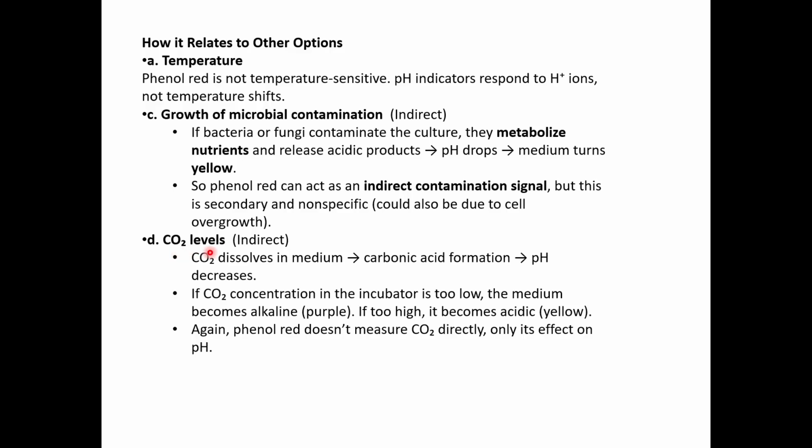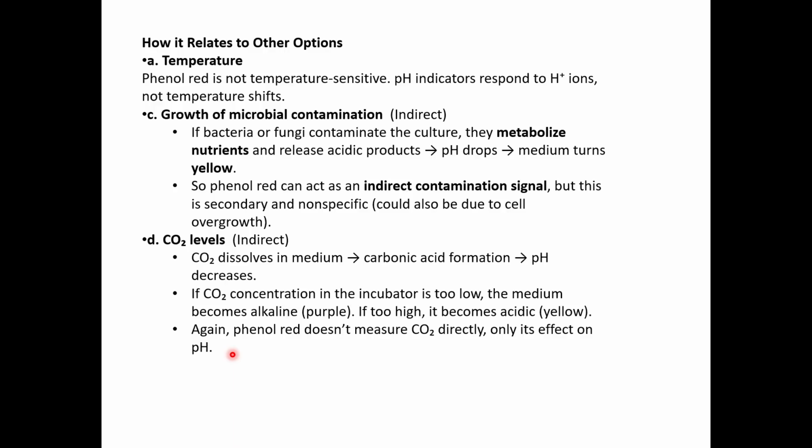Then CO2 level is also indirect, like I said. It can indicate a lack of CO2 or high CO2. CO2 dissolves in the medium, forming carbonic acid, and pH decreases. If the CO2 concentration in the incubator is too low, the medium becomes alkaline and turns purple. So if too high, it becomes yellow, and if too low, it becomes purple.